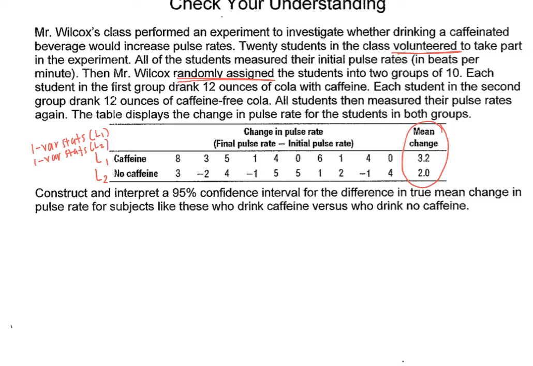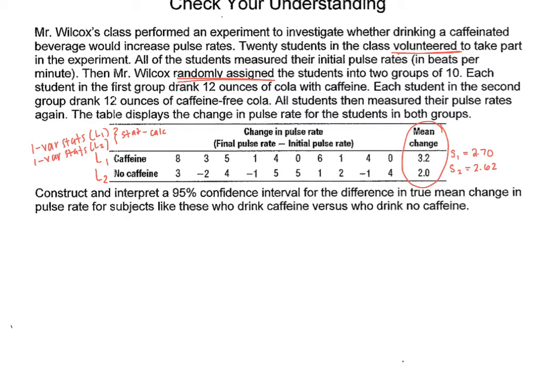And if you remember, the way you get to one variable stats is you click the stat button, arrow over to calc, and it's the first option. So when you do that in your calculator, you get the first standard deviation to be 2.70 and the second standard deviation to be 2.62.